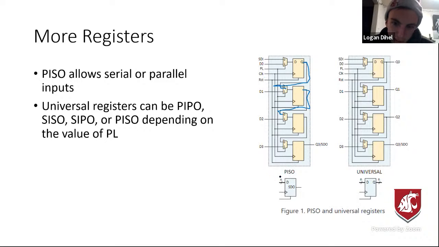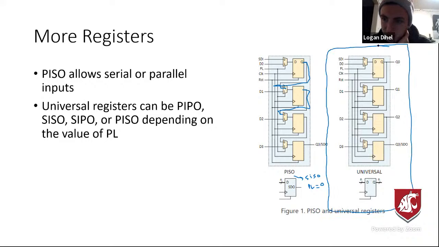So a PISO works as a SISO as well if you set parallel load to 0, because then it's always going to load in serial. Otherwise, it'll function differently. And then, of course, this is the universal one. This one can implement every single type of register: PIPO, SISO, SIPO, or PISO.